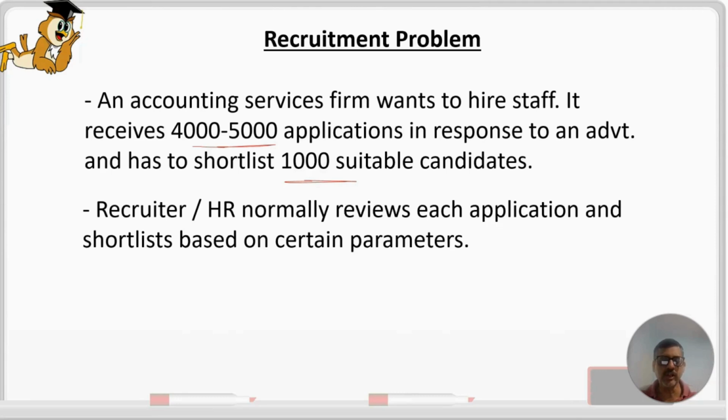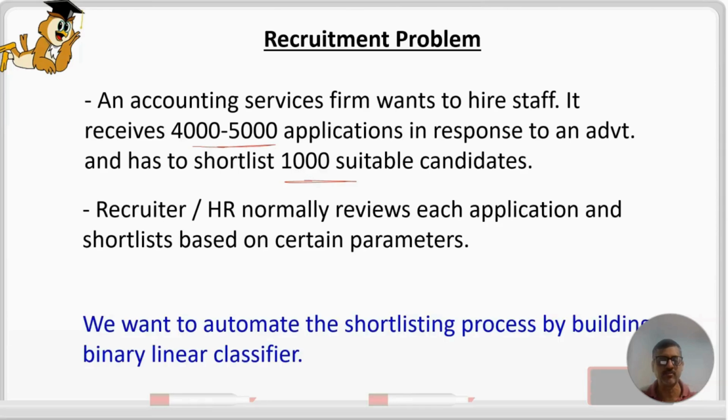The recruiter or HR of this company normally reviews each application, okay, the 5,000 applications, and shortlists based on certain parameters. Okay, so this is a manual process today where the recruiter or the HR reviews each application and shortlists based on certain parameters. What we want to do is automate the shortlisting process by building a binary linear classifier.